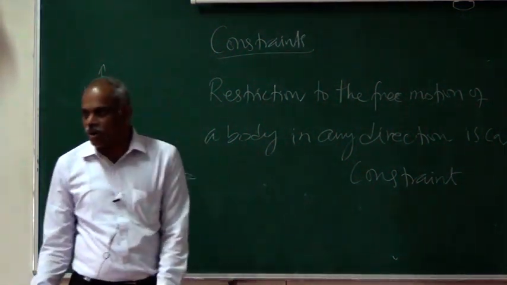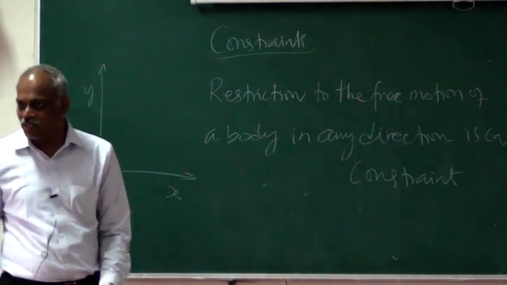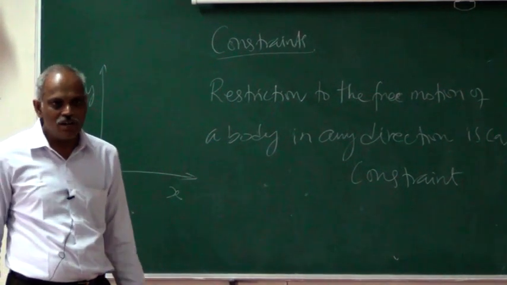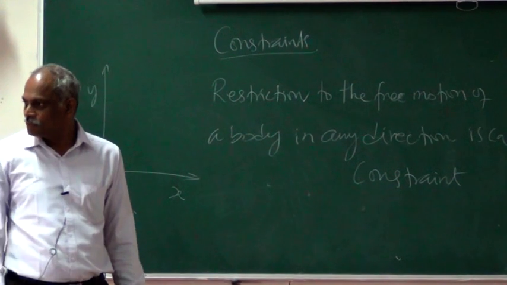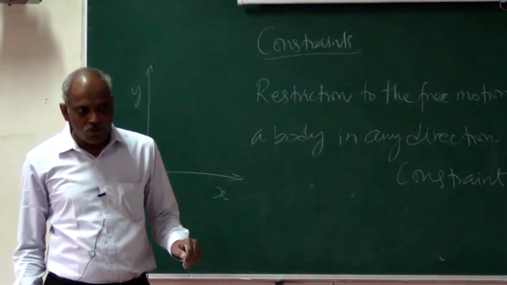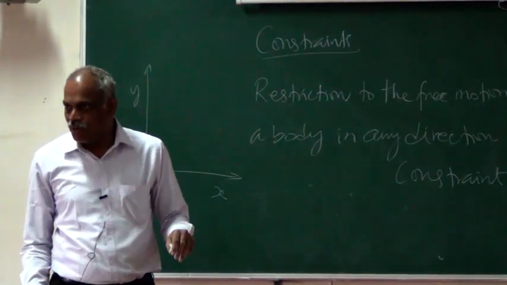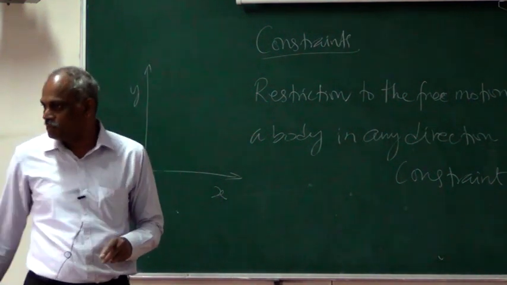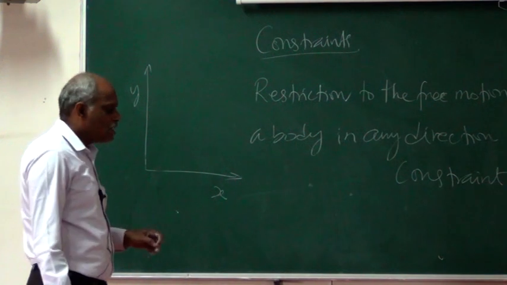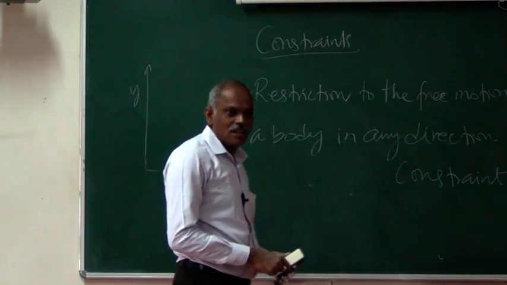So the floor or the ground is a restriction. It is not allowing movement in the vertical direction. It also restricts the rotation about the other axes. So anything which restricts is called a constraint.